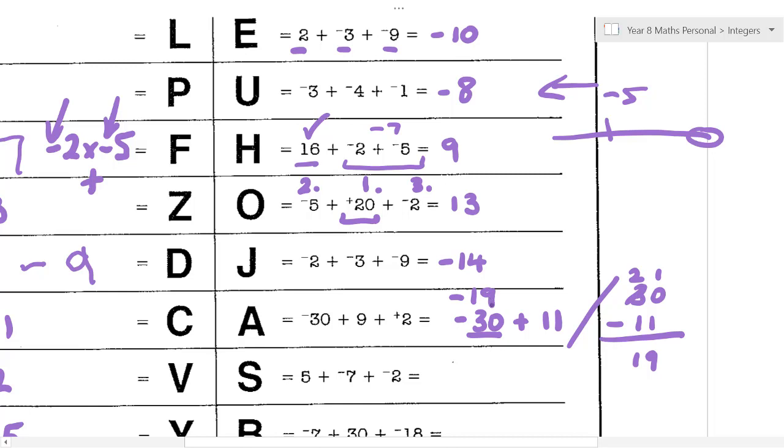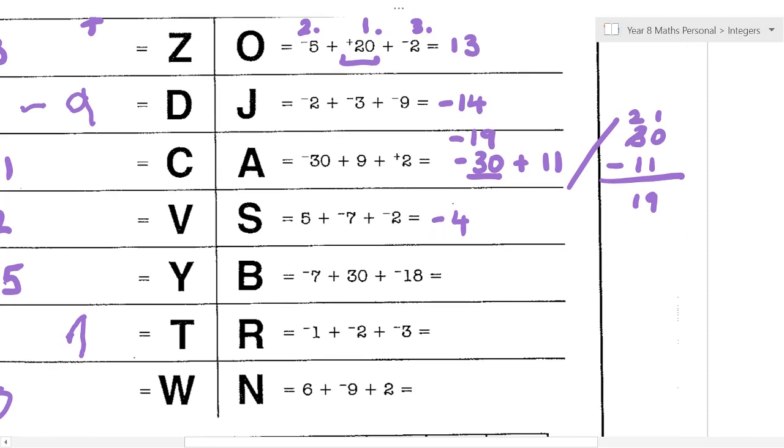Okay, another way to think about it. I'm going to do this really quickly. 5 minus 9 is -4. And as you can see, a lot of repetition here. We've got 30, subtract 18 would be 12, subtract another 7 would be 5. 1 plus 2 plus 3 is 6.